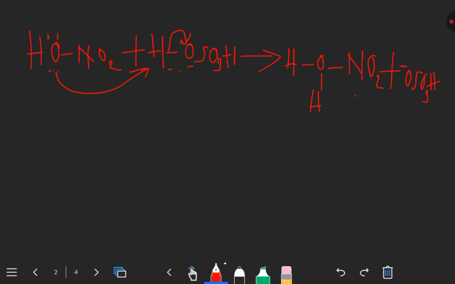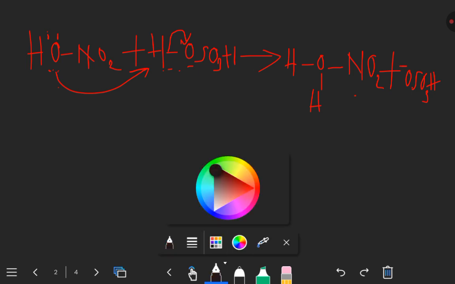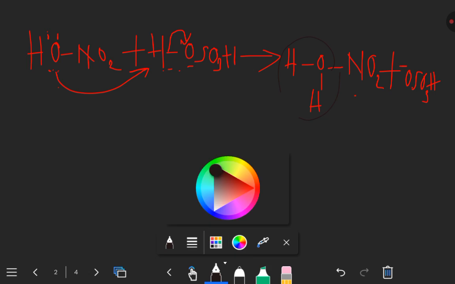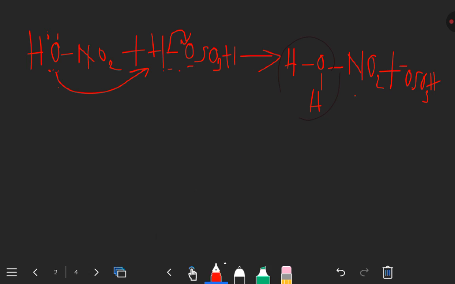Okay, so for step 2, what we are trying to do here is get rid of this water. You know that because this oxygen is bonded to 3 things, it must have a positive charge there.